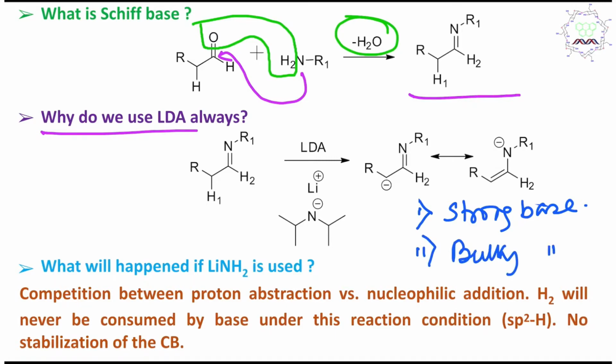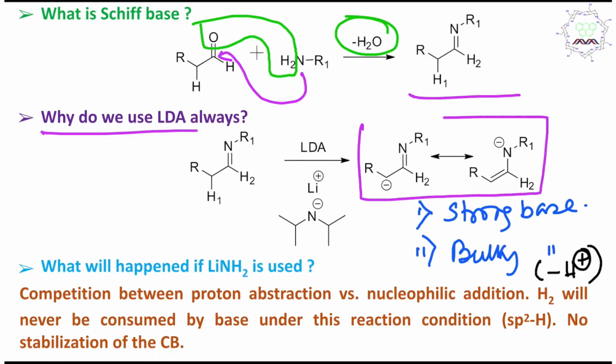If it's a bulky base, it selectively removes the proton, H+, and it cannot perform nucleophilic addition. Why? As I told some time before, it has two big isopropyl groups. Because of steric protection, this nitrogen can't act as a nucleophile. Rather, it abstracts the proton, because the proton is a very small atom, and ultimately produces this anion, and these anions are resonance stabilized as I explained here.